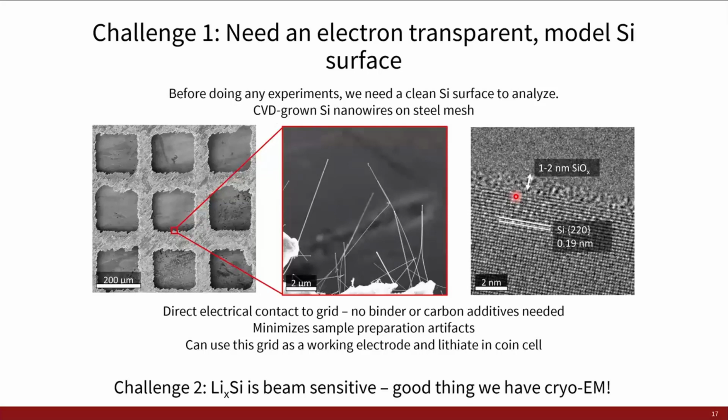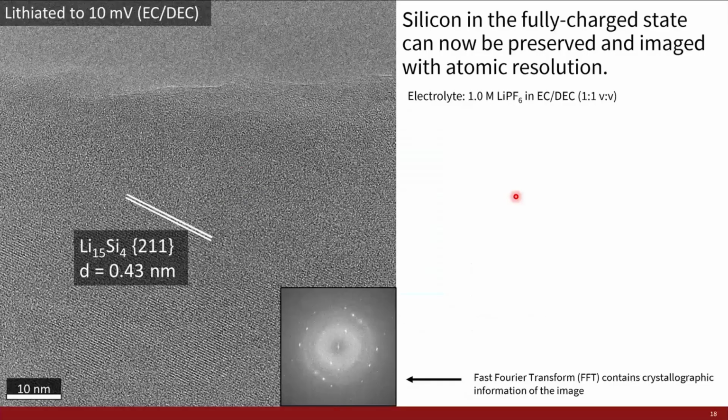But using cryo-TEM, we have already addressed that, and that won't present a challenge for further analysis. So taking that silicon nanowire TEM grid, fully lithiating it within a coin cell, we can then perform the same cryotransfer procedure, put it in the TEM, and do high resolution analysis of the lithium silicide SEI.